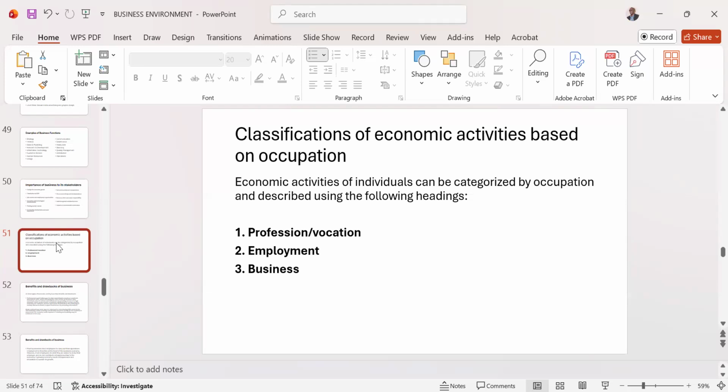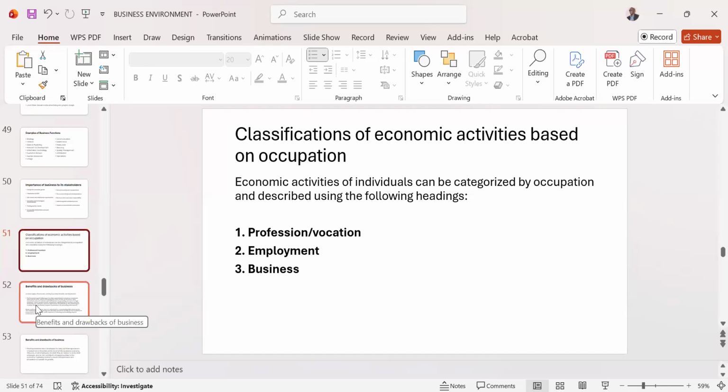Number one is the profession or the vocation of that particular owner of business. And then we have employment and then also business. So we'll take them one by one.